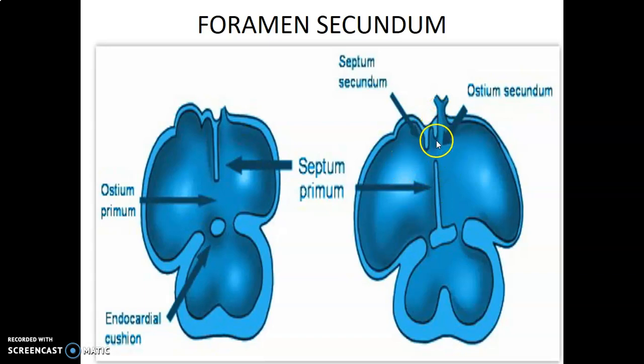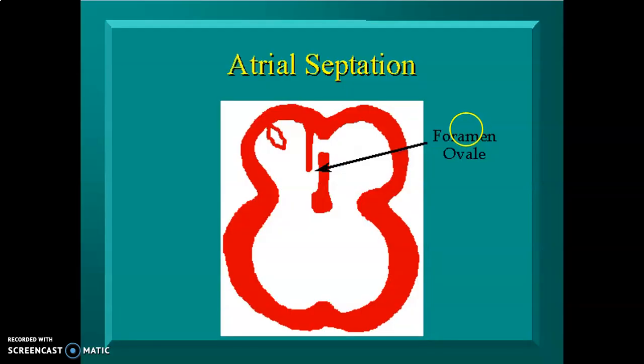And eventually it forms the foramen ovale, and this allows blood from the right atrium to the left atrium only. It doesn't allow bidirectional blood flow. So that's the foramen ovale. So blood can only come this way.